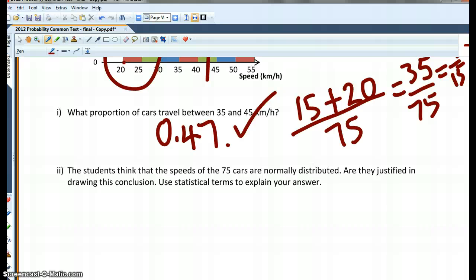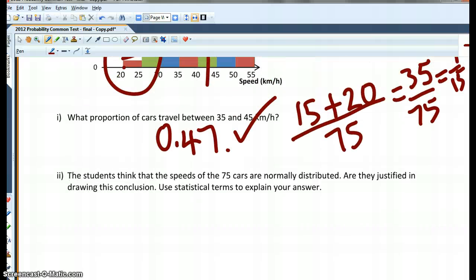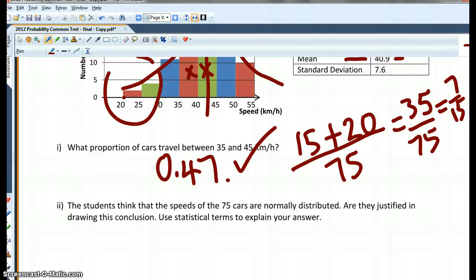That's what you need to do to get excellence. You might say 67% of the cars should be between here and here. The histogram shows speeds between 20 and 54 kilometres. The data has a slightly higher median compared to the mean, and the histogram is skewed to the left. Therefore, the data is not normally distributed. So it looks a little bit normally distributed, but it isn't. It's precision to detail.